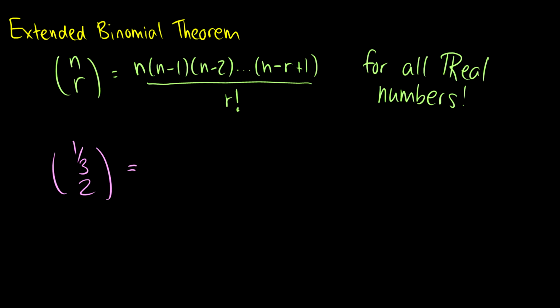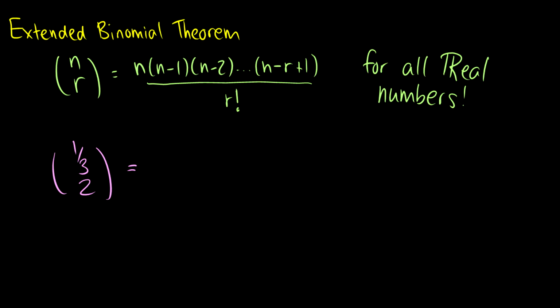So we've used the definition n choose r before to be n factorial over r factorial times n minus r factorial, and that works, but the problem is that it assumes n is a positive integer, but we can use the binomial theorem for more abstract things, like what does a third choose 2?